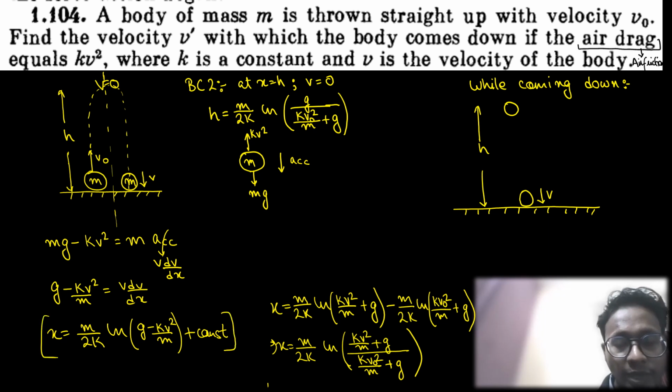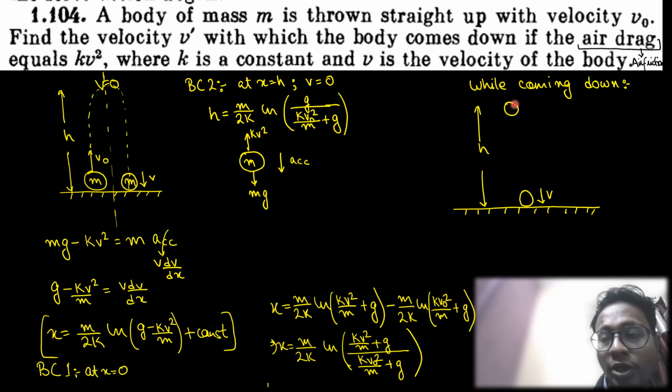Now to find the value of the constant, we need to put a boundary condition. So boundary condition 1, at x is equal to 0. That means when the ball is here, you are now assigning this as the origin. At x is equal to 0, what will happen to v? V is equal to 0.